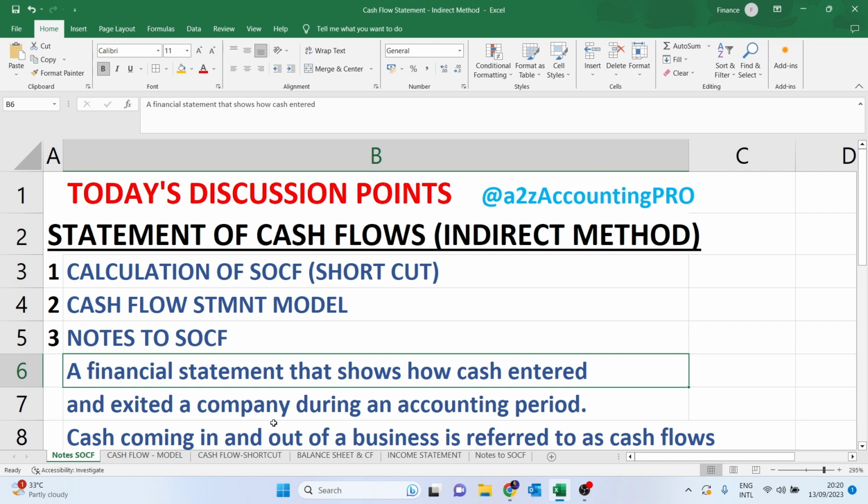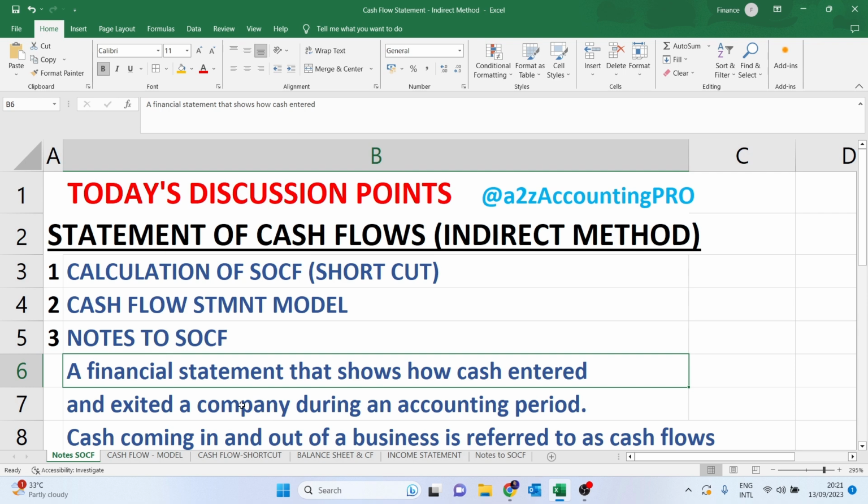That is an important part of the financial statements, which is a mandatory requirement during the year end, during the preparation of annual audits and for regulatory authorities, for everyone.